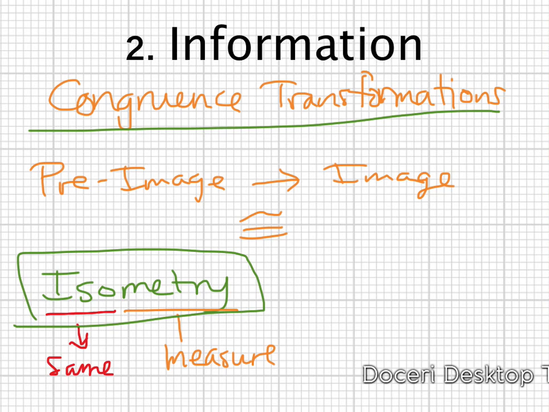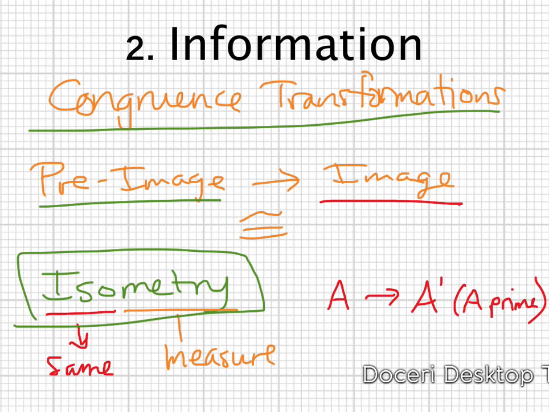Again, our original image is called the pre-image, and our final result is our image. One other piece of information: when you label your original pre-image, we label it without any dashes. So if we have A, we start out with A, and our image is then A prime. So it's called A prime, kind of like Optimus.